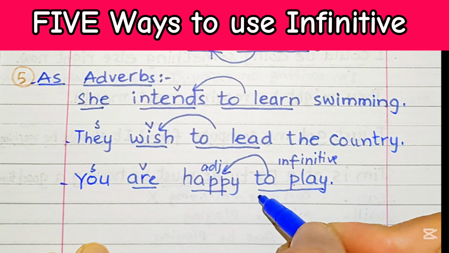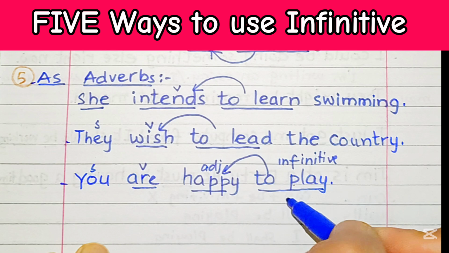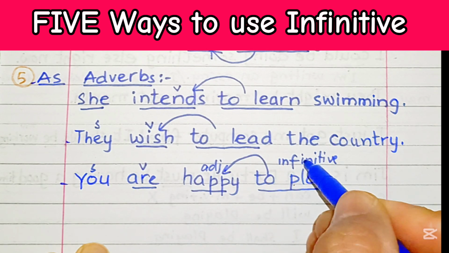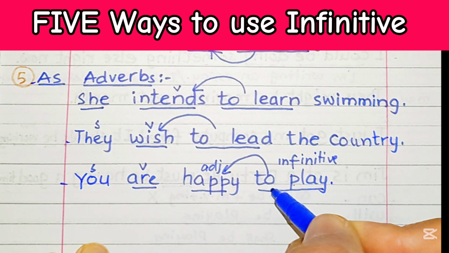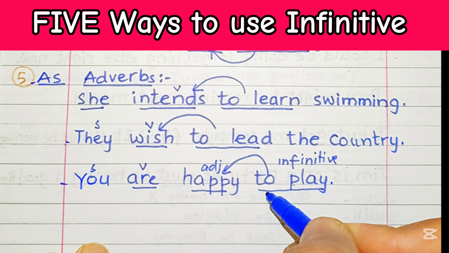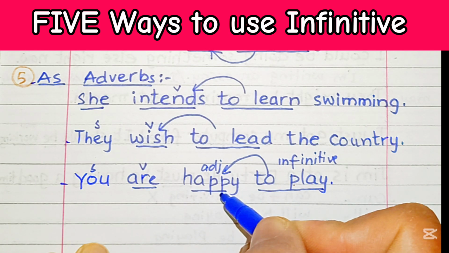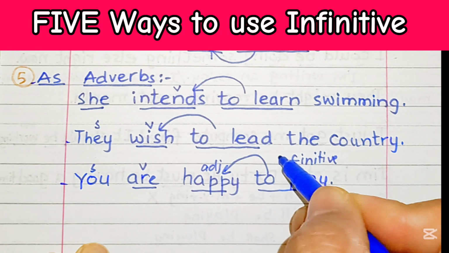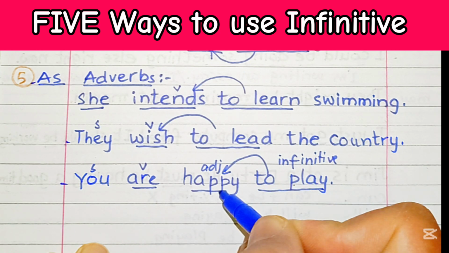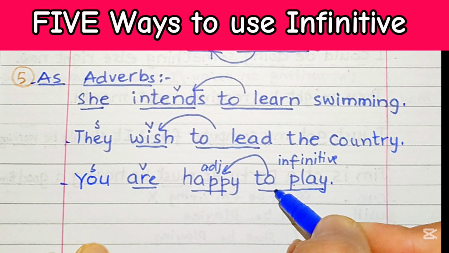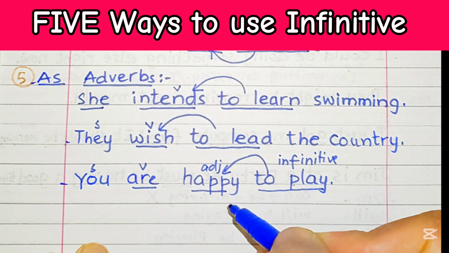So the adjective is being described by the infinitive "to play." We know that adverbs may describe verbs, adverbs, or adjectives. So over here, "to play" is an infinitive that is describing the adjective happy. So it is also an example of an infinitive as an adverb.